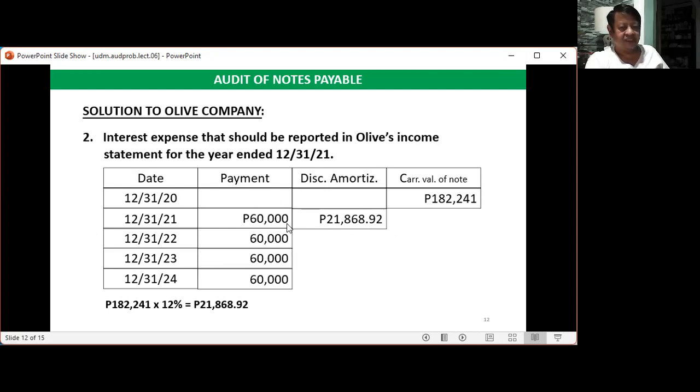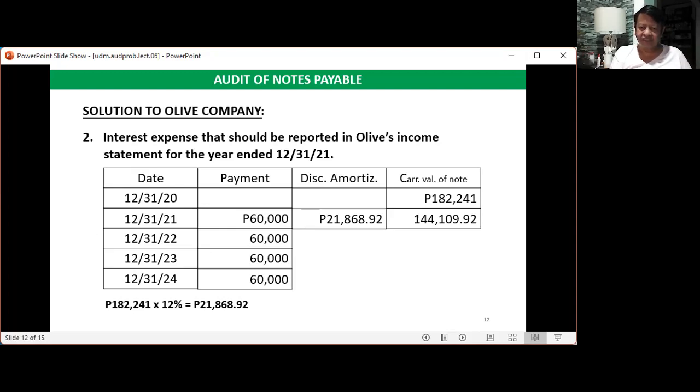And then we will get the difference. 60,000 minus 21,868.92 is 38,131.08.